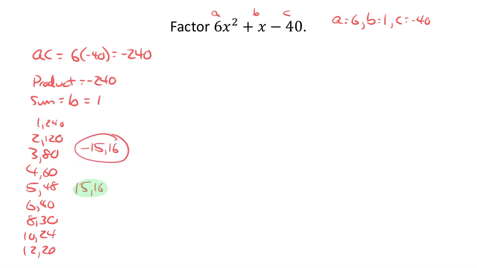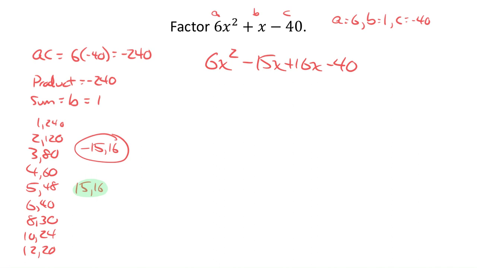So what we're going to do is take the x that's in the middle. It doesn't matter which order you do, but we'll write 6x squared. And now that x, instead of writing it as x, we'll write it as, say, minus 15x plus 16x minus 40. So in the middle, negative 15x plus 16x would simplify to x.